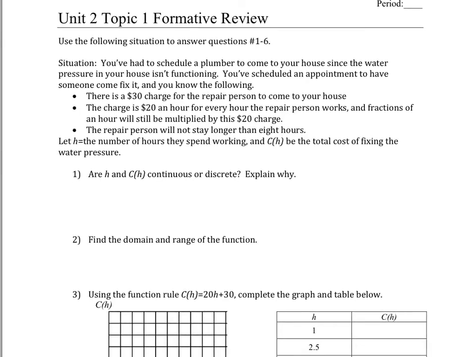So the first question is, are H and C of H continuous or discrete? Because it says in the directions, the charge is $20 an hour for every hour the repair person works, and fractions of an hour will still be multiplied by this $20 charge. It indicates to us that H and C of H are continuous.